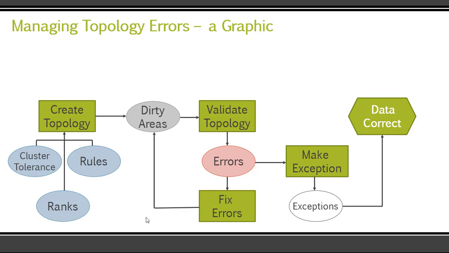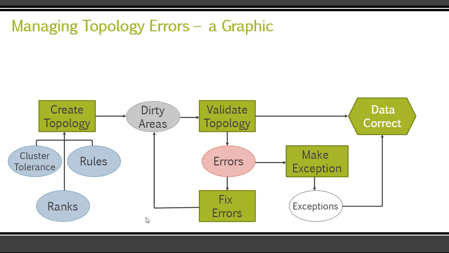However, if we go through the fix process, every place we fix creates new dirty areas in specific locations that then need to be revalidated. So we're back into the validate topology loop of this model. All right, so as we go through here, we fix all of them, and if we don't have any errors, we can go directly to our data is in a state that we're fine with, data being correct.